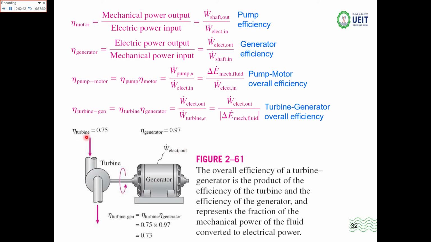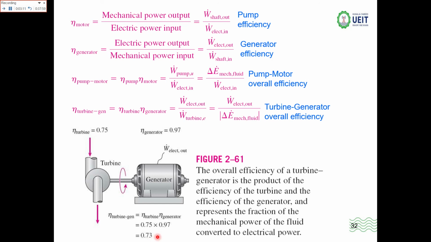If the turbine efficiency is 0.75 and the generator efficiency is 0.97, the overall efficiency is 0.75 multiplied by 0.97. We multiply the efficiencies of these two to get the total efficiency. So the total efficiency of this system is the multiplication of turbine efficiency and generator efficiency, which is equal to 0.73 or 73%.